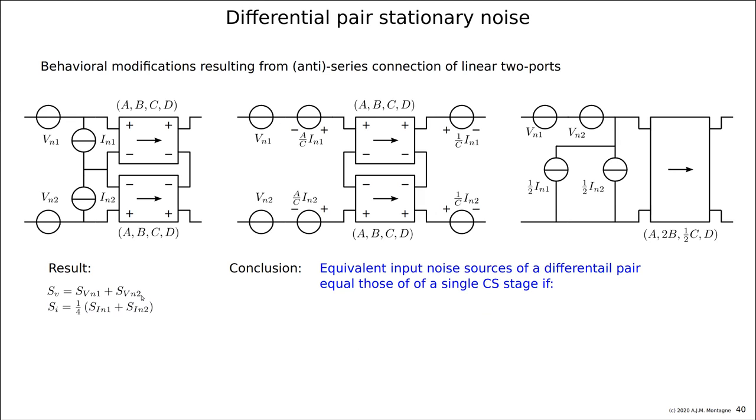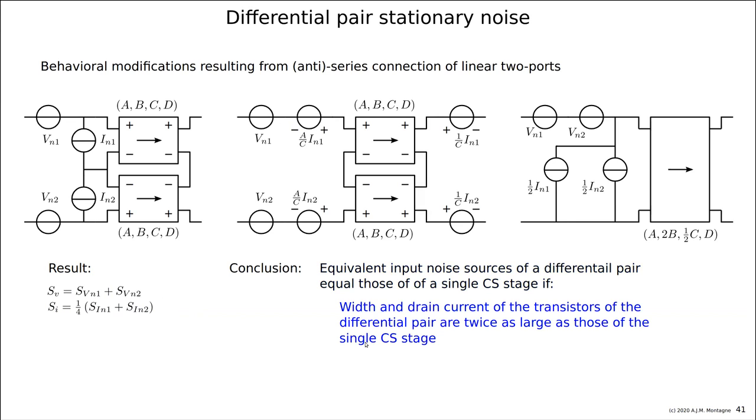If we do so, we make each transistor in the differential pair 2 times wider than the CS stage that we want to compare with, and we make the current in each transistor 2 times larger, then we end up with exactly the same noise sources, which gives the conclusion that we have the same performance for 4 times more area and 4 times more current.